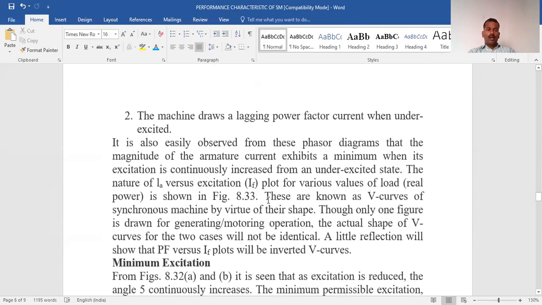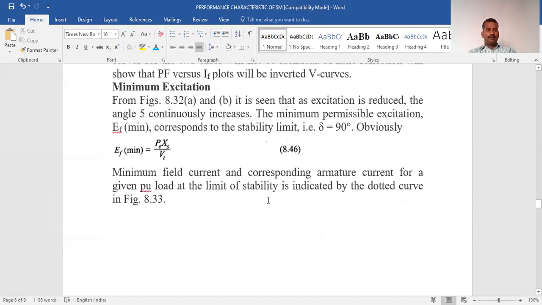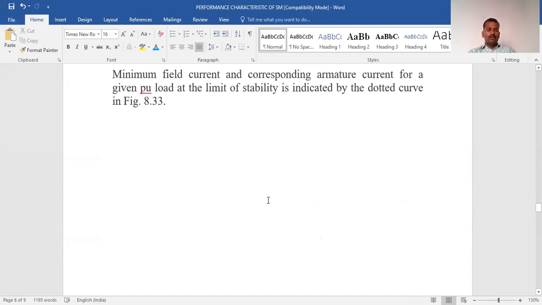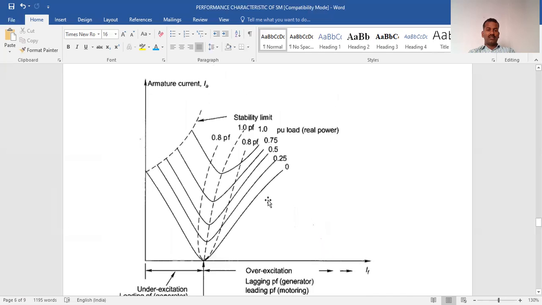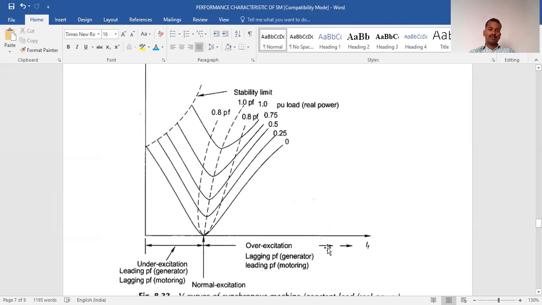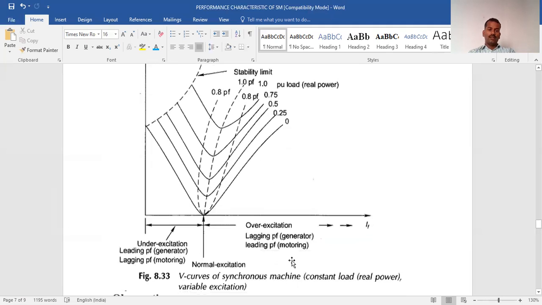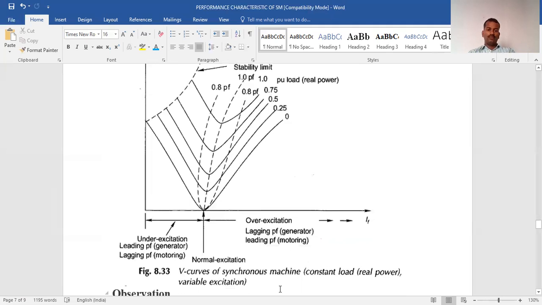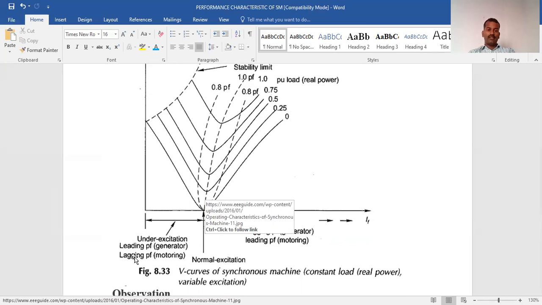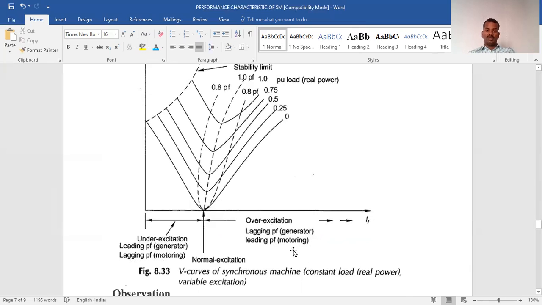Okay, you can see here, overexcitation, synchronous machine constant load, overexcitation, lagging, and under excitation leading. If it is generator, it will be leading. If it is motor, it will be lagging. You have to remember this thing, very important.